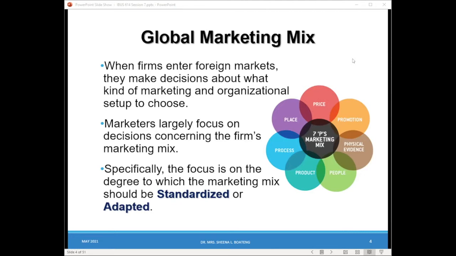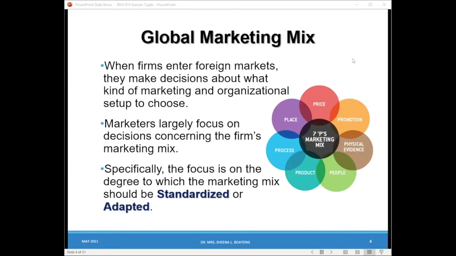So the decision to standardize or adapt is not one that is taken lightly. It is one that is taken based on extensive research and analysis conducted by the organization using various forms of primary and secondary data, as well as an in-depth analysis of their environment, both at the micro and macro level, as well as their internal situation as an organization.